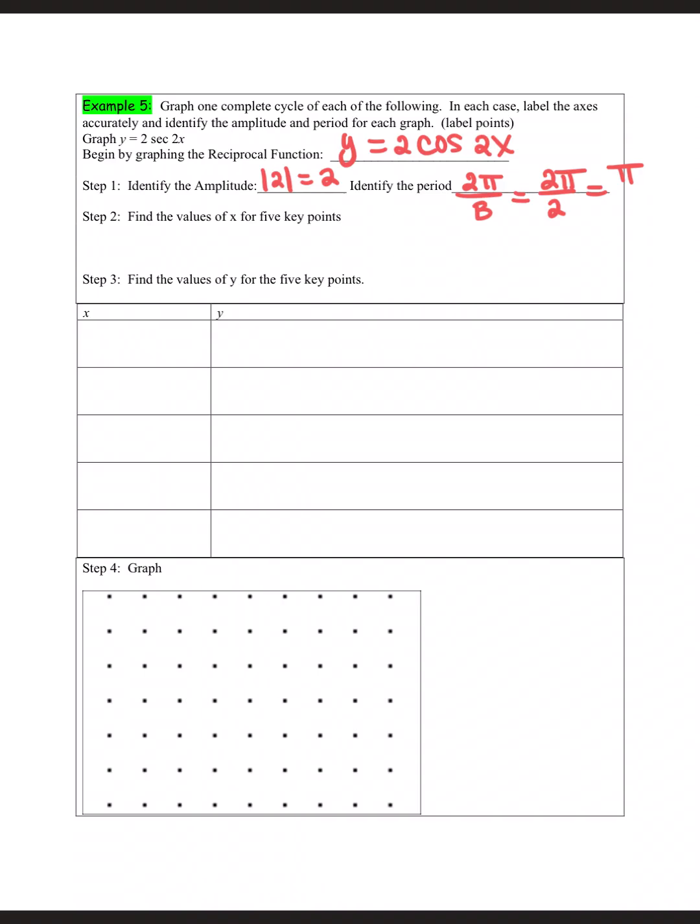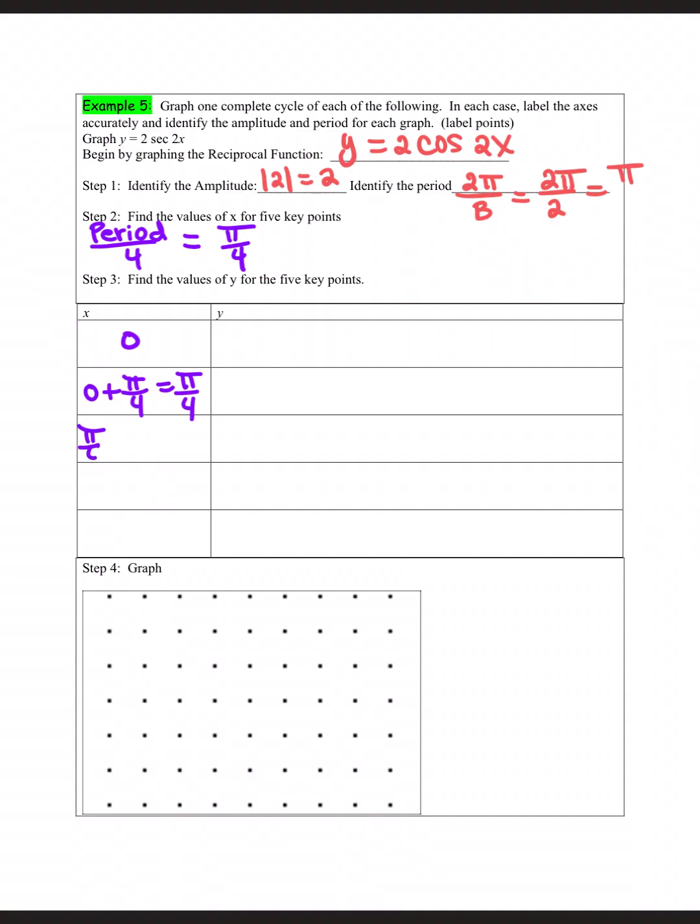So now we'll find the values of x for the 5 key points. So we're always going to take the period divided by 4. So that's pi over 4. So the cosine function, basically the period in this case is pi. Since there's no phase shift, we're starting at 0. And then we have 0 plus pi over 4, which is pi over 4.